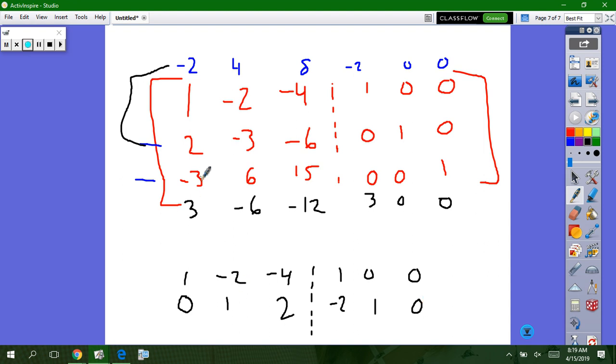Then, new row 3, I'm going to go ahead and add old row 3 to 3 times row 1. So I get 0. Oh, look how nice this one is. It already gave us a 0 where we want. And a 3. 0 plus 3 is 3. 0 plus 0 is 0. 1 plus 0 is 1.